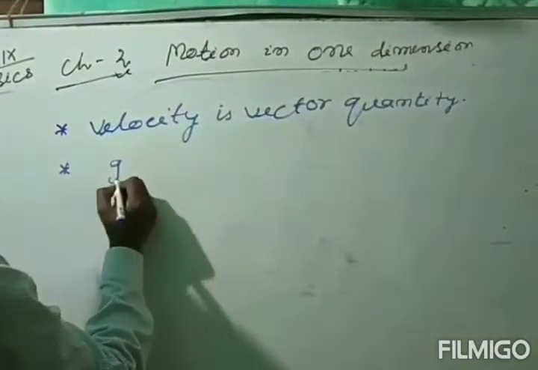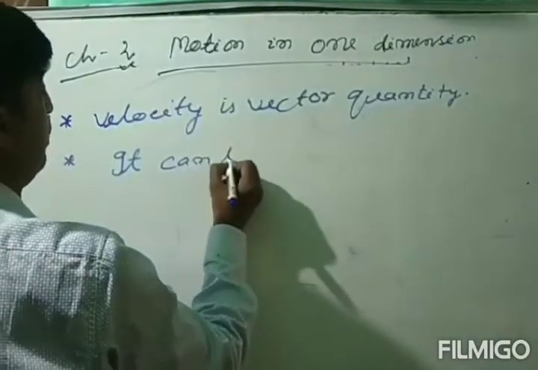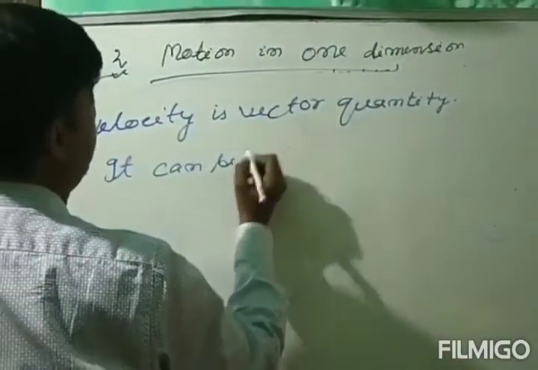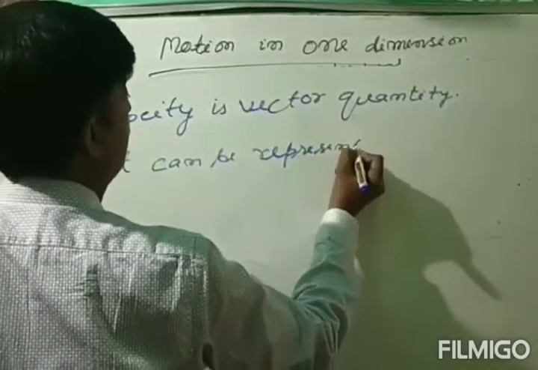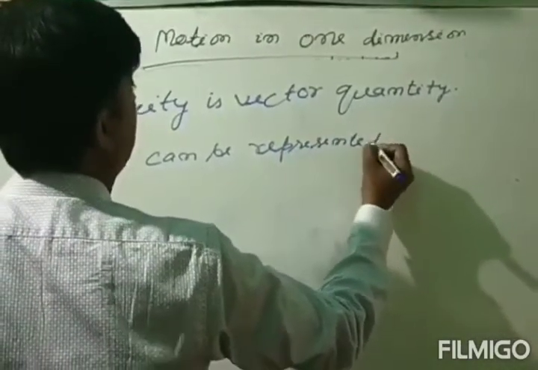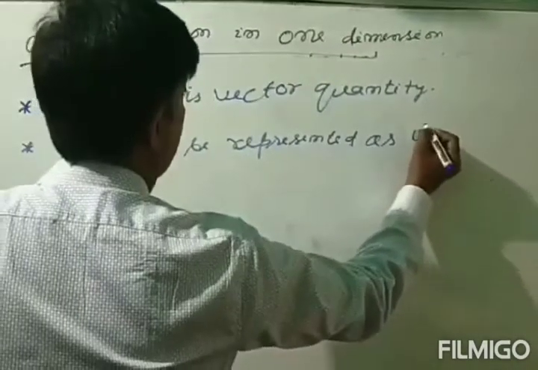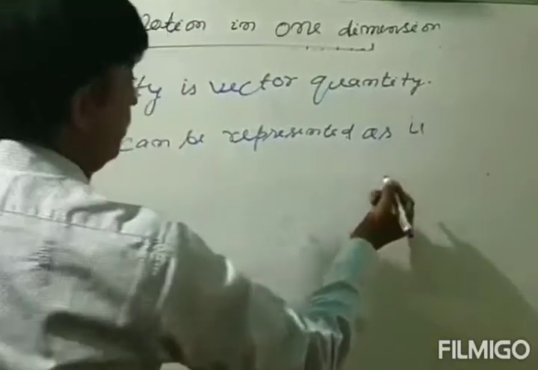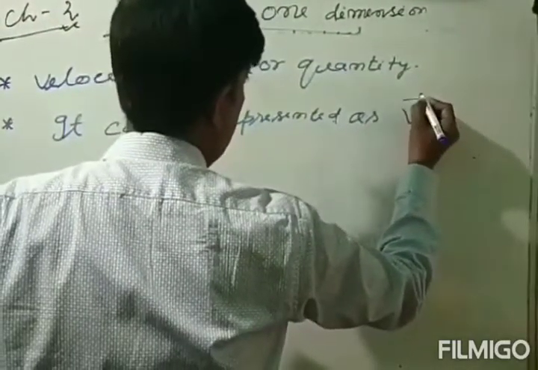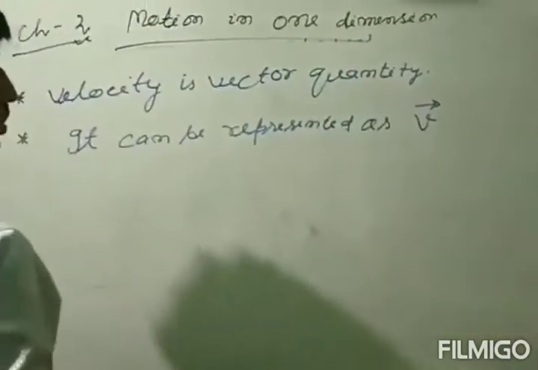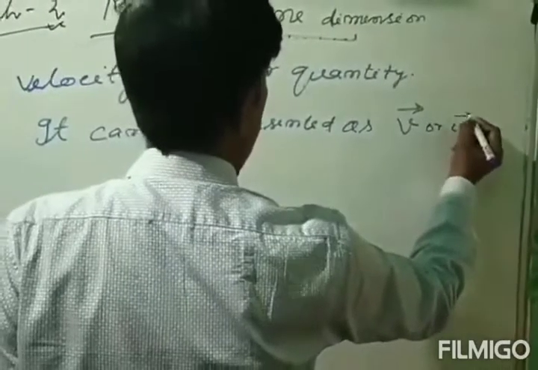It can be represented as u arrow, v arrow, or similar arrow notation.